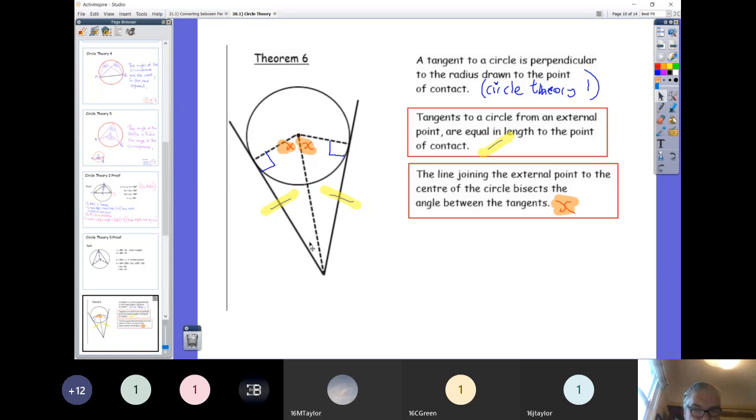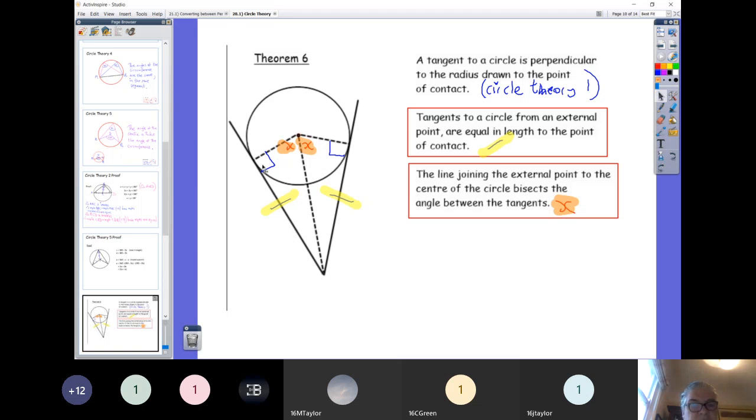So they're similar triangles. They've all got the same angles. But the fact that they've got this length in common means that they are congruent triangles. So they're not just similar, they're not just got the same angles.